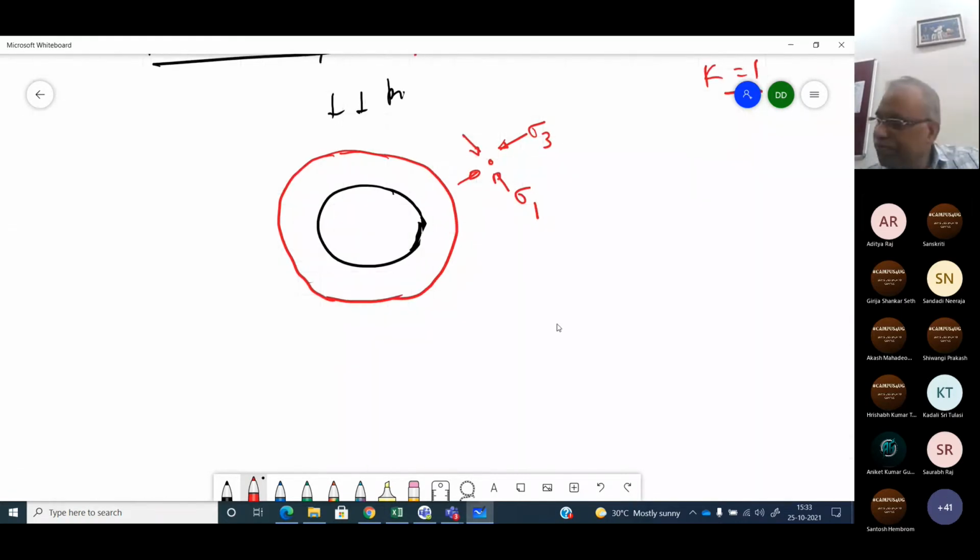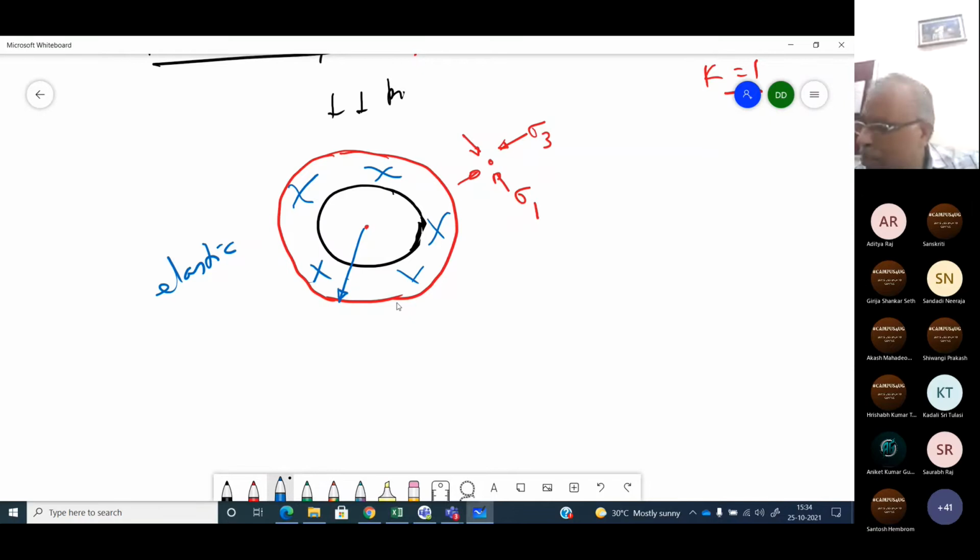So now we are in a situation, let's say, I use another color. This is where this zone is elastic and this is where it has failed, and we call it plastic.